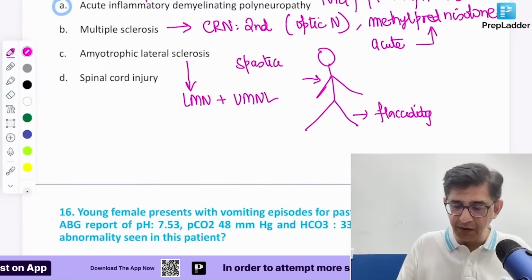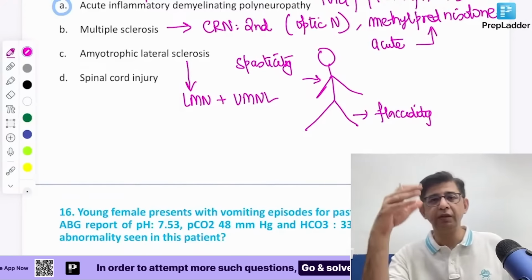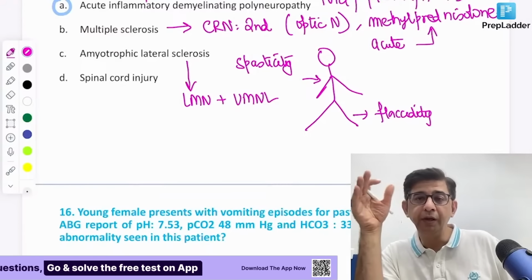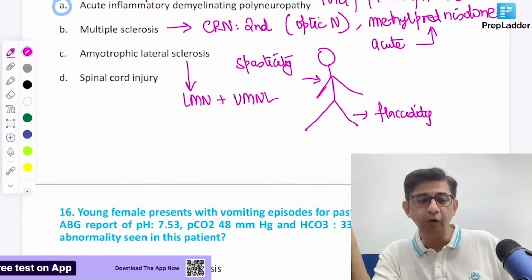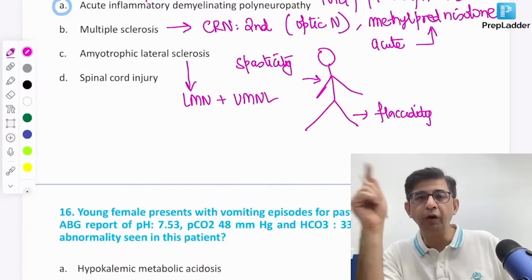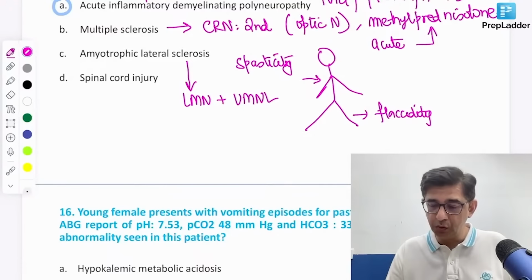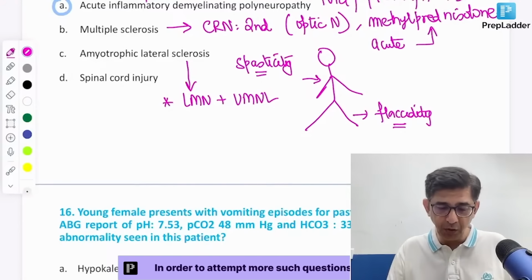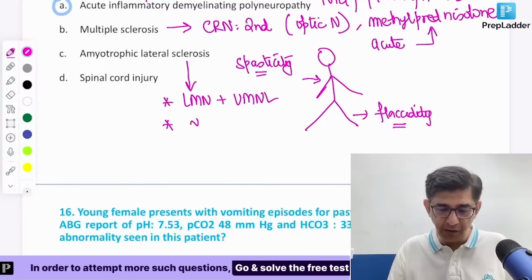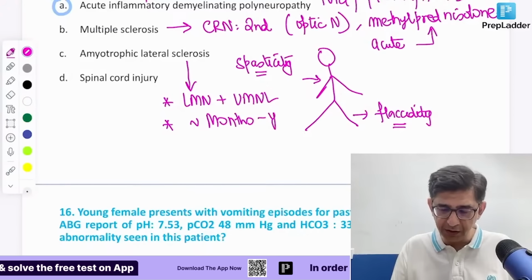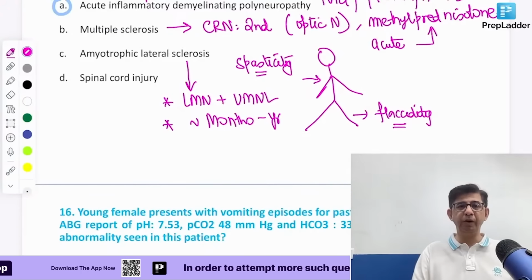It can also be the opposite: in the leg there can be spasticity, in the arm there can be flaccidity. Normally it is pure lower motor or pure upper motor. If you get a combo, then it is always amyotrophic lateral sclerosis, that there is flaccidity as well as spasticity, and the progression here is ultra slow. The disease will progress over a couple of months to years.